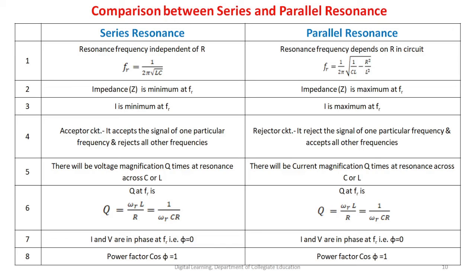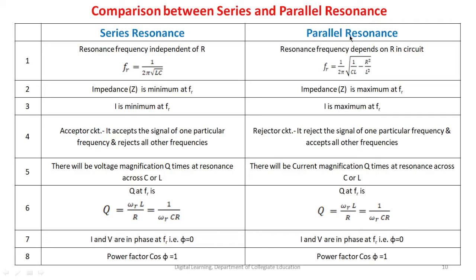So now coming to the comparison between the series and parallel resonance. The first difference is in series resonance, the resonance frequency is independent of the resistor. We can observe in the expression for resonance frequency, that is Fr is equal to 1 divided by 2 pi into root LC. Here there is no factor of R. That means it is independent of the resistance of the circuit.